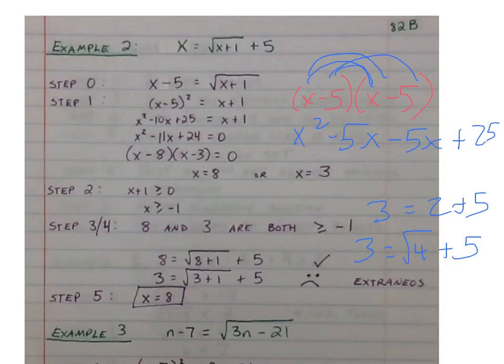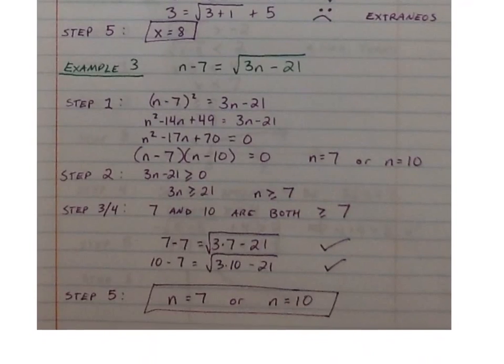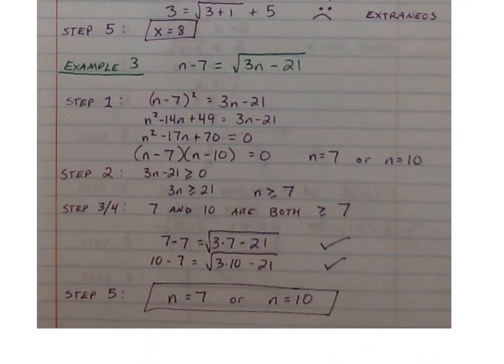It's also possible to have two solutions where both of them are part of the solution and neither of them are extraneous. And I've done that in example 3 here. So the radical is already isolated. So in the first step, I was solving algebraically, so I squared both sides. I distributed the n minus 7 squared to get n squared minus 14n plus 49.